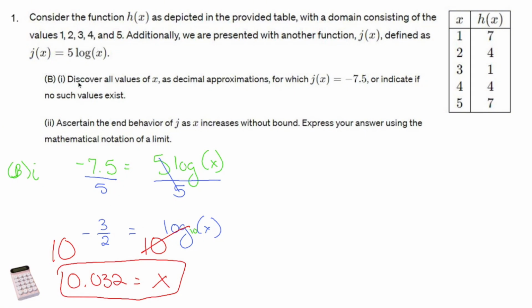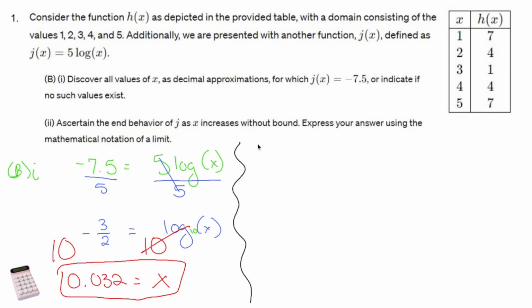Yes, I can take the log of any positive number as long as it's not 0, as long as it's not negative. This is awfully close to 0, but it's not 0, so this will work just fine. So yep, this is allowed. Values do exist. I get one answer, and that's my one answer only.